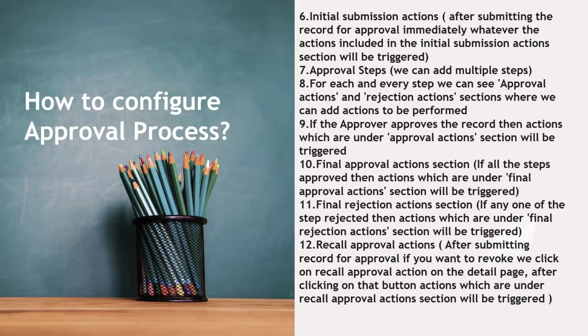Ninth, if the approver approves the record, the actions under the approval actions section will be triggered. The tenth step is the final approval actions section, the eleventh is the final rejection actions section, and the twelfth is the recall actions. So these are the 12 steps to configure the approval process.